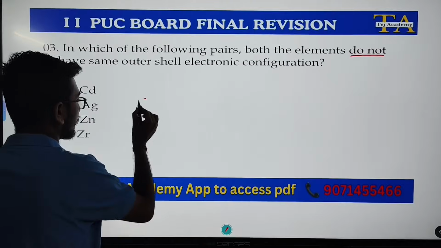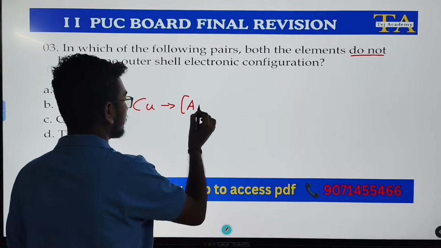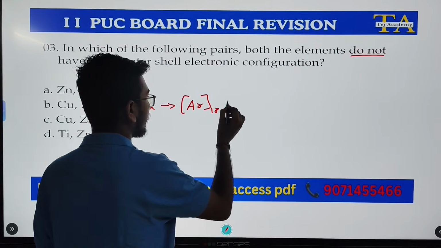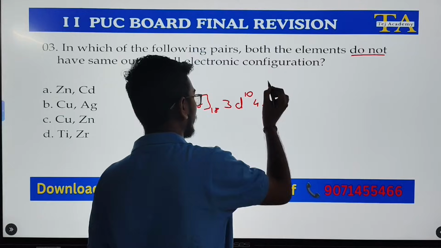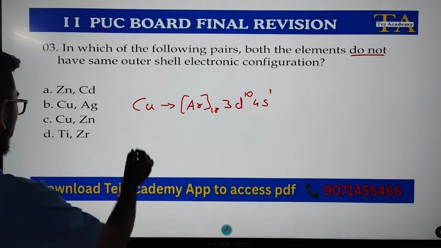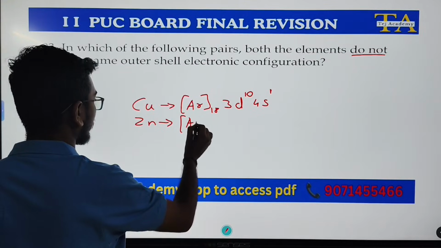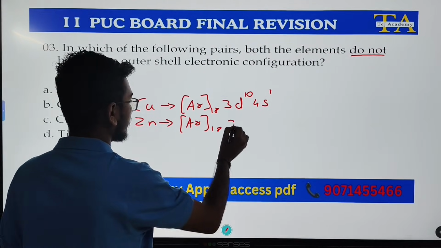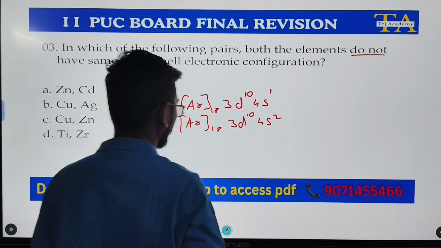Yes, so we'll check for copper: argon 18, then 3d10 4s1, right? For copper, 3d10 4s1. Now the same thing you check for zinc, then you will get argon 18 3d10 4s2.